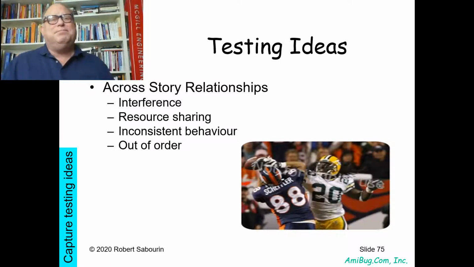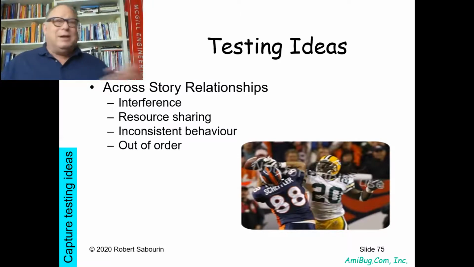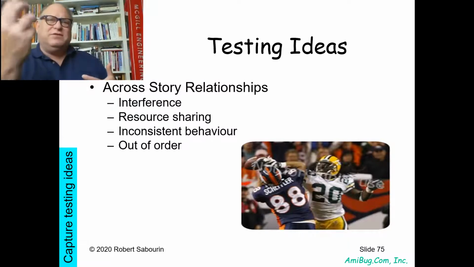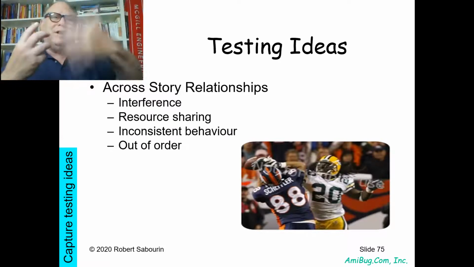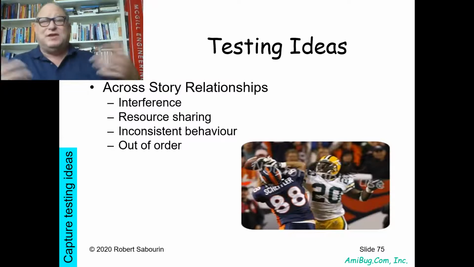So you're managing the inventory, managing what you can sell. And the other story is, I want to buy a book. So what if the inventory management story changes the state of the inventory for the book that I'm trying to buy? So I'm buying a book and the inventory is being changed at the same time.